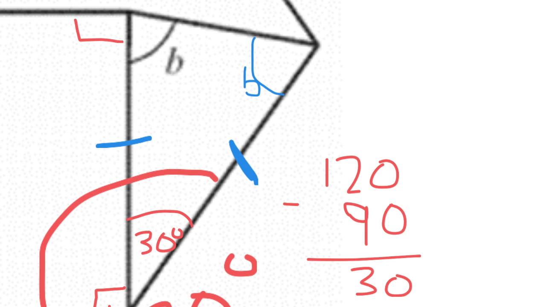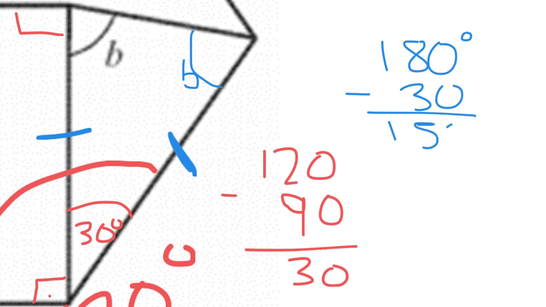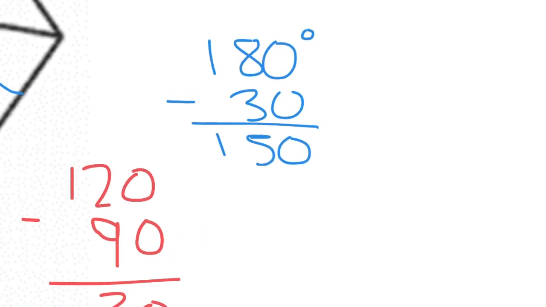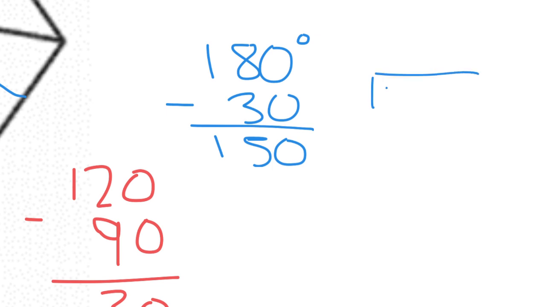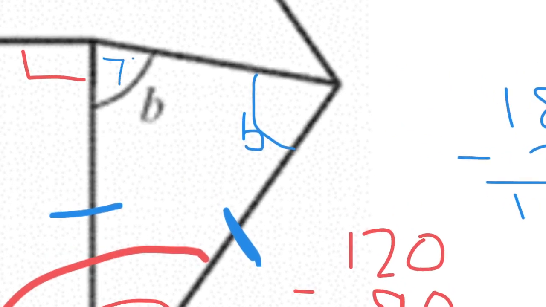So that would mean I haven't got 1 B, I've got 2 B's. And we know a triangle adds up to 180 degrees. And we can take away the 30 degrees that we know, which will give me 150 degrees. I can now do 150 divided by 2, which will give me 75 degrees. So I know that these angles are 75 degrees each.